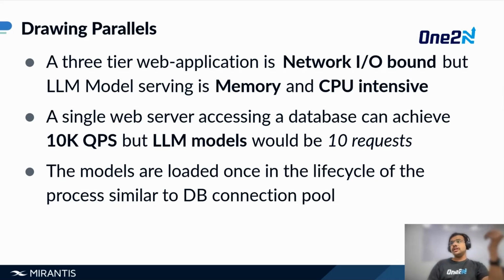But the LLM models would barely be able to handle around 10 requests at that point. And further exploration through the tooling, trying to run it on different frameworks, revealed that you can actually load these models into the life cycle of this whole application, similar to the way you load DB connection pools.